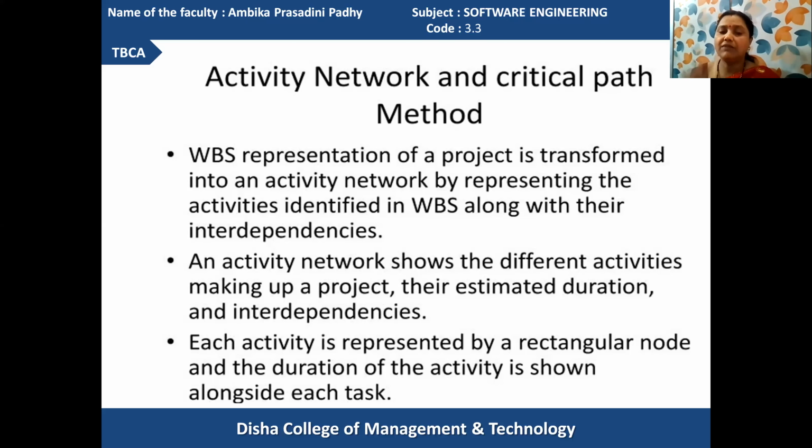Got it? And the activity network is represented by a rectangular node and the duration of the activity, along with each task. When the tasks are scheduled in a proper manner, how can those be represented? The rectangular node shows the activity to be performed, and it also contains the time duration required for it. Got it?